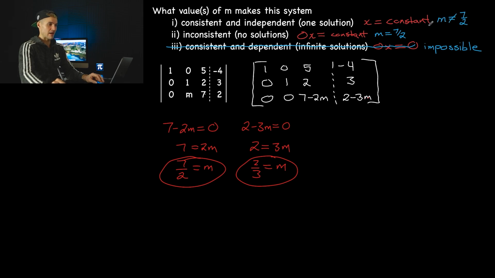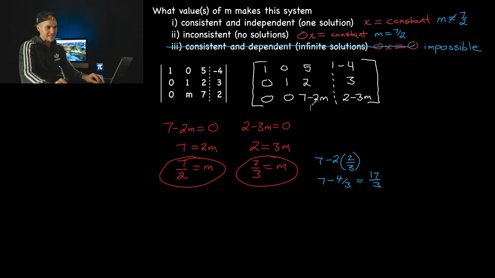Right? So any m value other than 7 over 2, including 2 over 3, because if we plug in 2 over 3, what's going to happen is we're going to end up with some kind of constant here. So what would that be? 7 minus 2 times 2 over 3, which is going to be 7 minus 4 over 3, which is going to be 17 over 3.